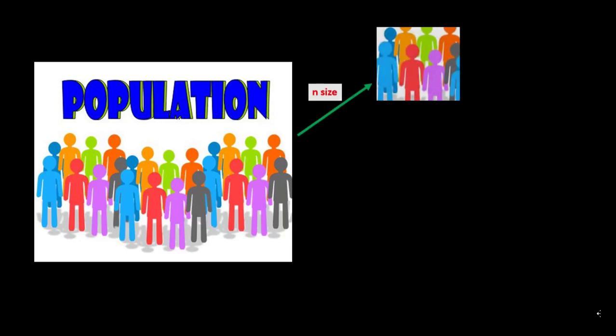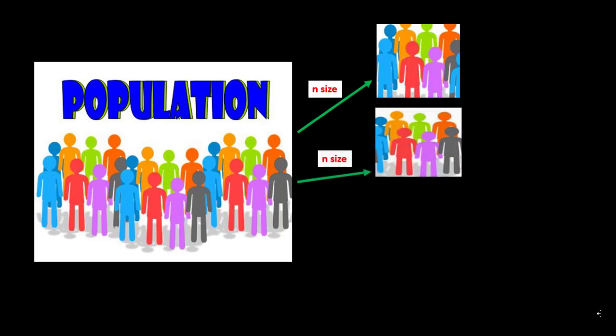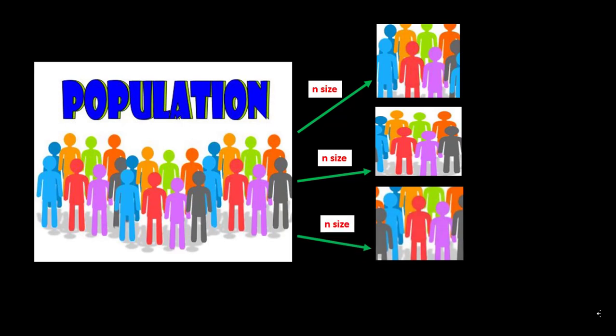Suppose I have got the data of the total population. The population may be the data of relevant characteristics of any population. I have collected one sample of size n from this population. Then I have collected another sample of size n, and a third sample having the same size n from this population.